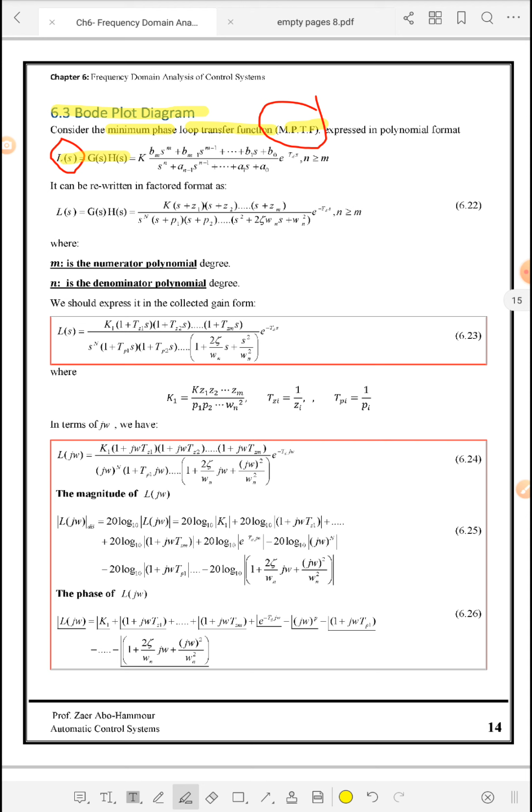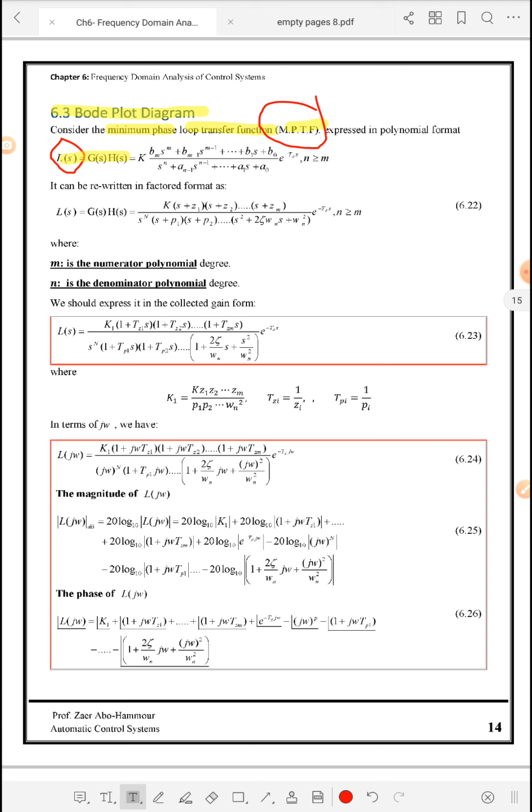What does this mean, that we have a minimum phase? Minimum phase means that all of the zeros or roots of the numerator and denominator polynomials are in the left half of the S-plane.